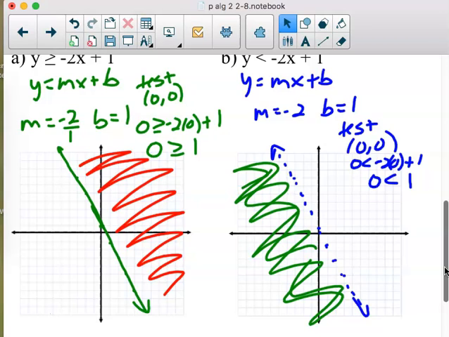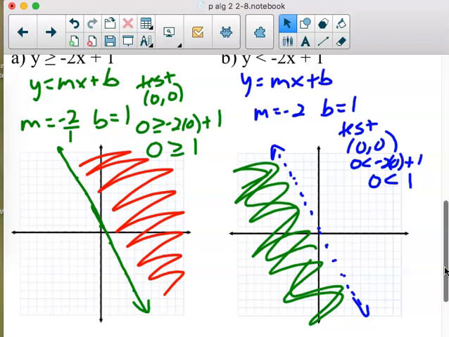I'll give you 2 clue words, above and below. Look at the shading and think of the clue words above and below. For greater than, which way do we shade? Above the line. For less than, we shade below.